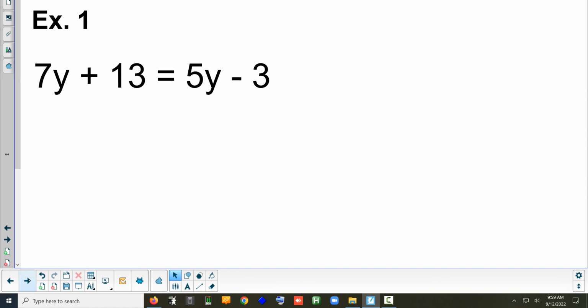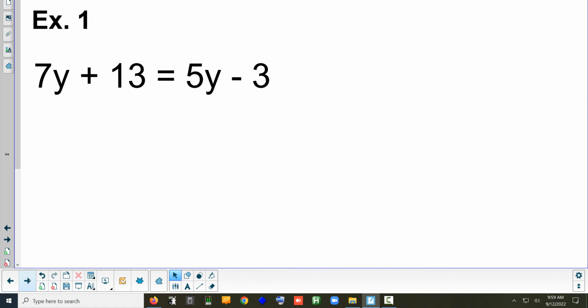Depending which way we do it, we might end up with a positive or a negative number. If we could choose, what type of number do you think we would rather work with? A positive number or a negative number? Positive. All right, so if I could choose, I would rather get a positive value.